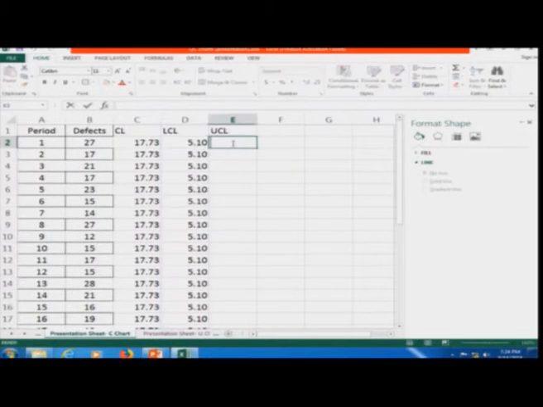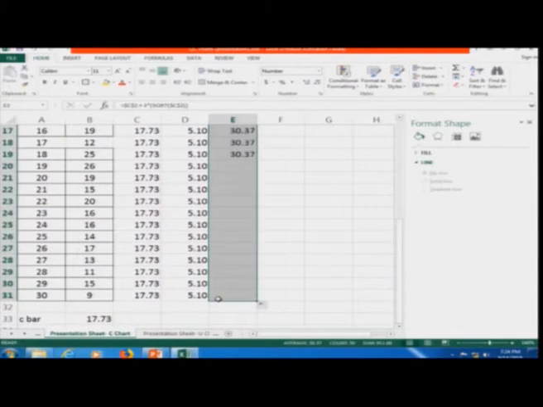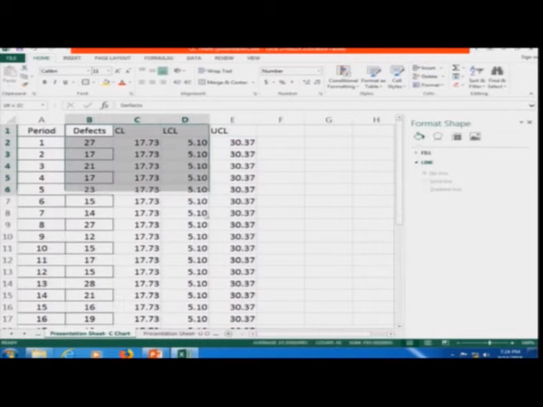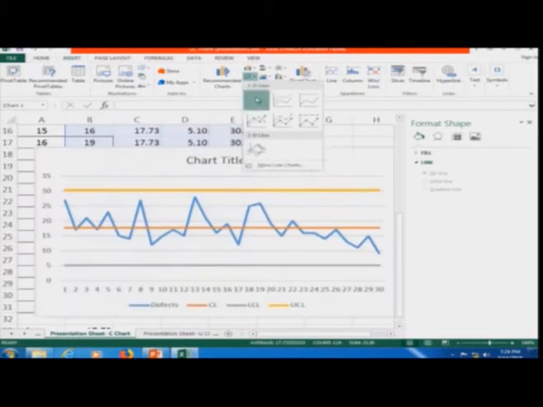Okay, similarly upper control limit would be very similar to this, but I would have C bar plus 3 times, or this is Z times of square root of C bar. Enter. So this is my upper control limit. So I can just plot this. Insert a line diagram.